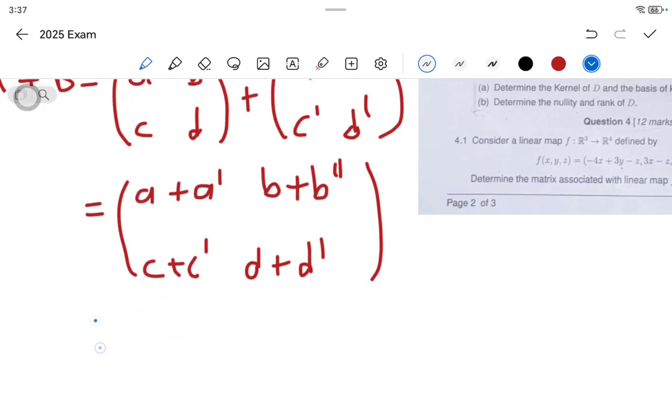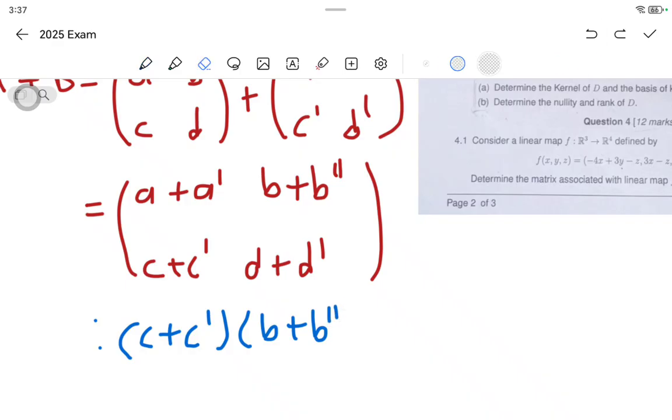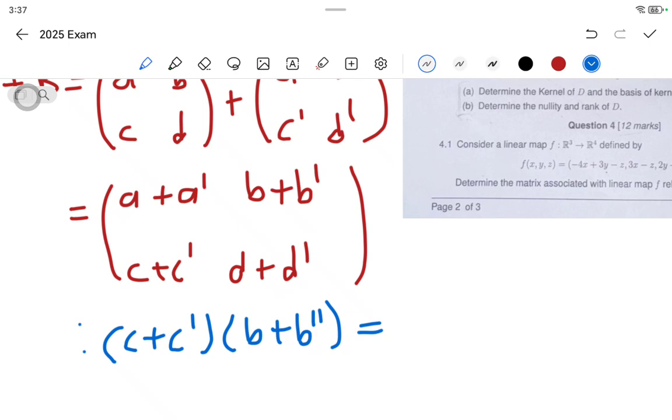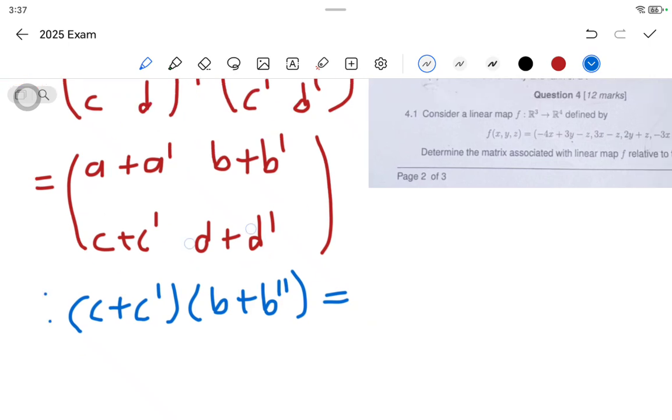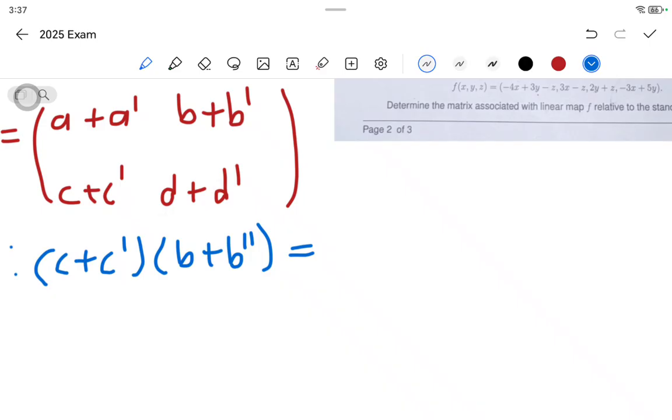So after here, we must come and say such that if I multiply C plus C prime with B plus B prime, I'm going to get a 0, but I'm not going to just say it's equal to 0. I must prove that. So for this to be true, this must be 0, right? So let's prove if we're going to get 0.